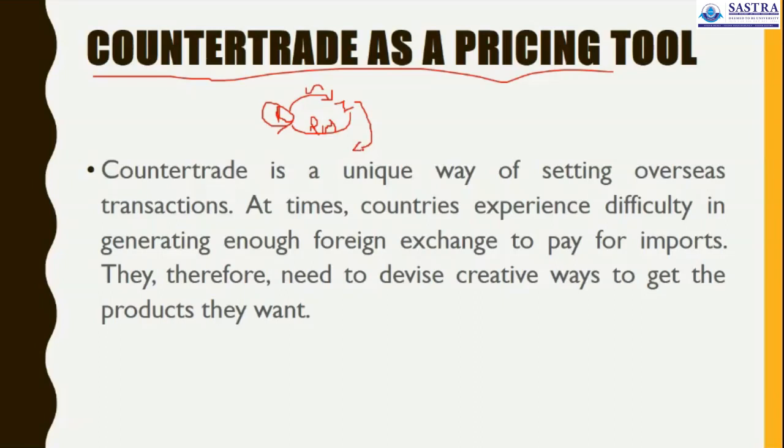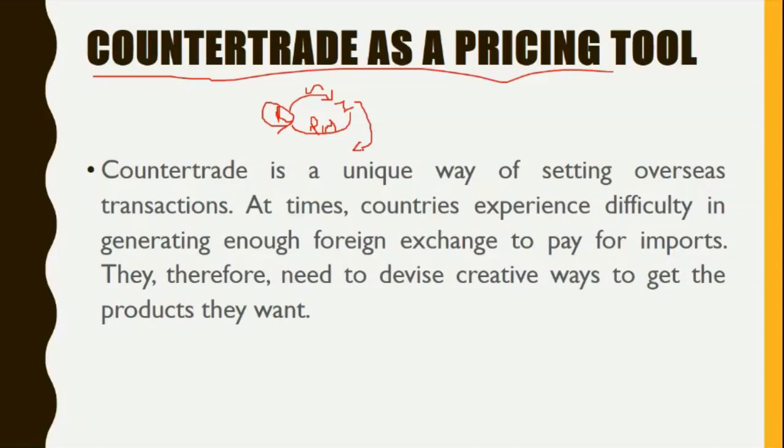The countries that are importing more, the overall currency value of the country goes down, because your country's currency is outflowing and your currency value comes down in the international market. To restrict that, they bring a concept we call counter trade. What is the counter trade concept?